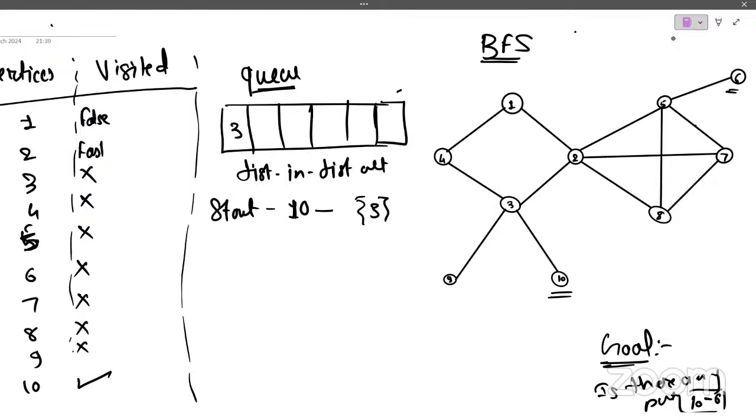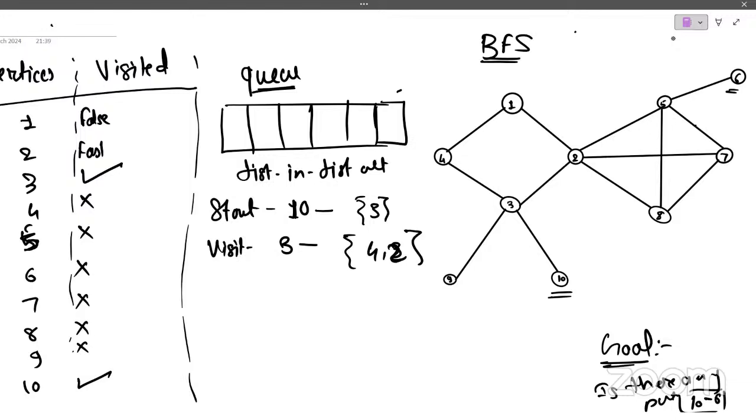Since it has only one neighbor, I will now visit 3. I remove it from my queue and mark it true in my visited column. Now I explore the neighbors of 3. 4 and 2 are neighbors of 3, so I list 4 and 2 here.